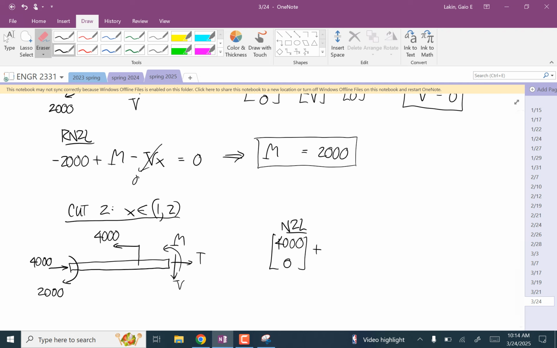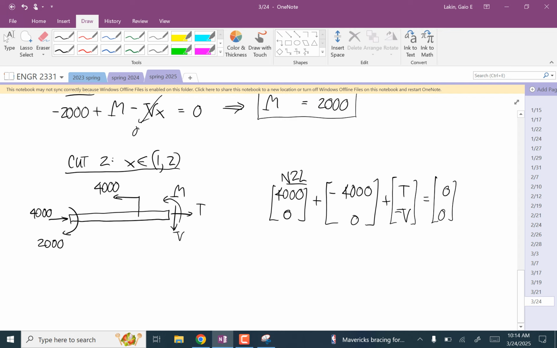I missed the one in the middle. Negative 4,000, 0, plus T negative V is equal to zeros. So T is 0, V is 0.